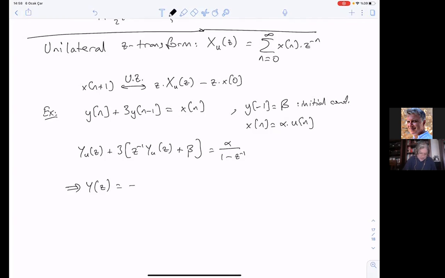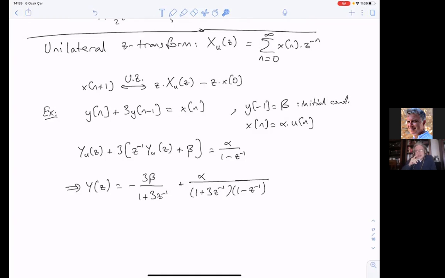And after expanding it, it will be like this. As simple as that. You can further try to split this into addition of two first-order systems, but that's not necessary. It's not our point.